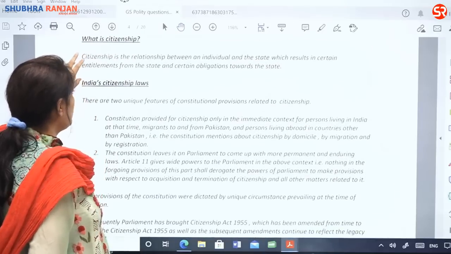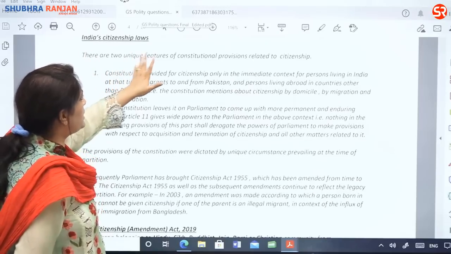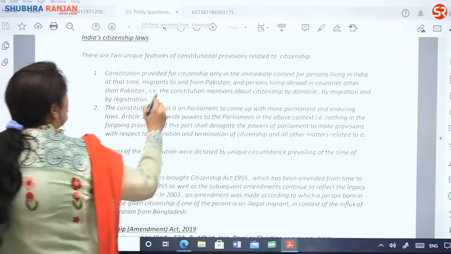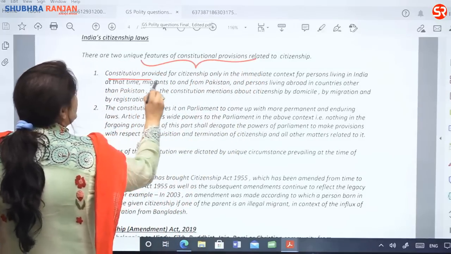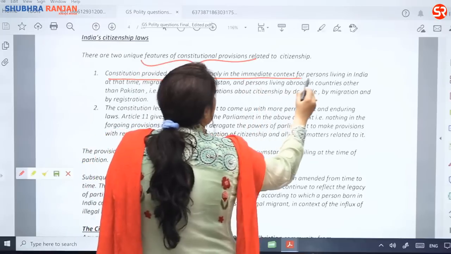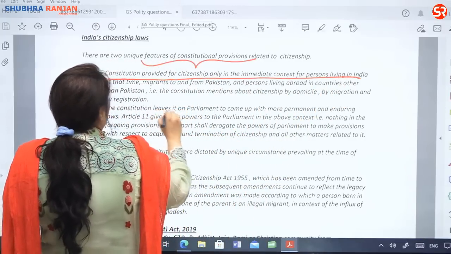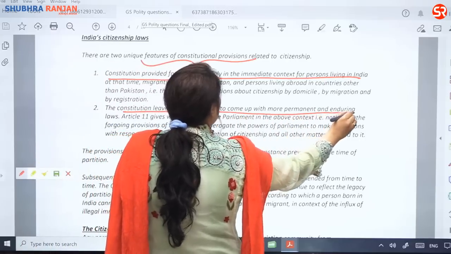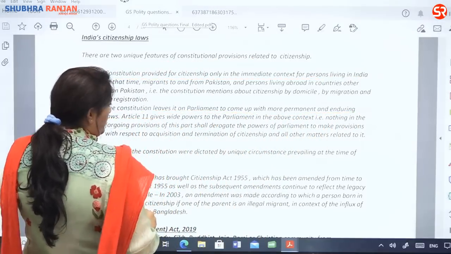What is citizenship? I have explained. Indian citizenship laws. You have to write the unique features of the Indian citizenship laws. Unique features are: the Constitution provided for citizenship only in the immediate context, and the Constitution left it to Parliament to come up with more permanent and enduring laws, Article 11.